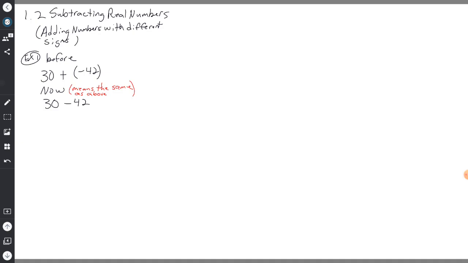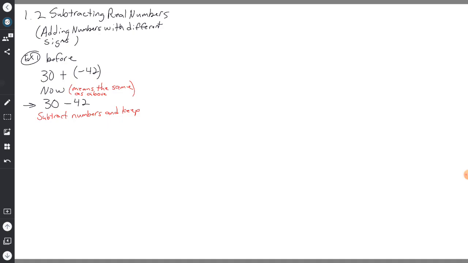So if 30 minus 42 is the same as this up here, what are we really doing? We're subtracting the numbers, with the same rule as we were working with before.